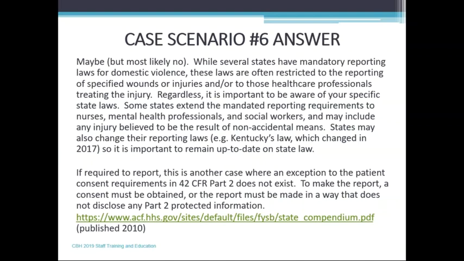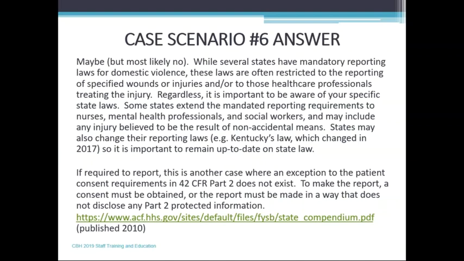But regardless, it's really important that you be aware of what your state laws are, because there are some states that have extended mandated reporting requirements to include nurses in whatever setting, to include mental health professionals and social workers, and may include any injury that's believed to be the result of non-accidental means.